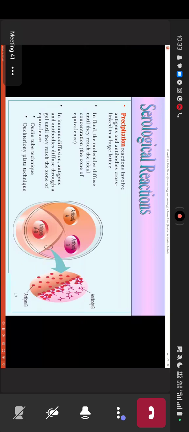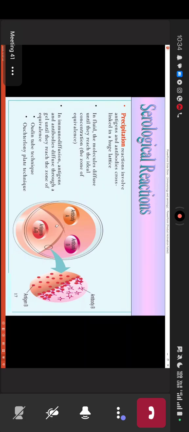But whenever an antigen and antibody react with each other and form a complex, it becomes a visible reaction, right? So this is the example of the precipitation reaction. When anti-A, anti-B combine with each other, it forms a line of precipitation, right? So basically precipitation is the involvement of antigen and antibody to form a cross-linked huge lattice.